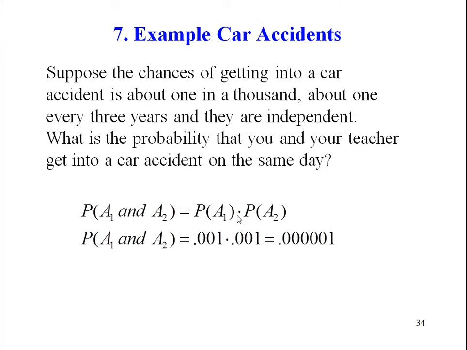Since they're independent, you can just multiply those probabilities. 1 in 1,000 is 0.001, so 0.001 times 0.001. You move this one over 1, 2, 3, and this one over 1, 2, 3, so an additional 3 zeros, and that's a pretty low probability. There's tens, hundreds, thousands, 10,000s, 100,000s, 1 in a million.